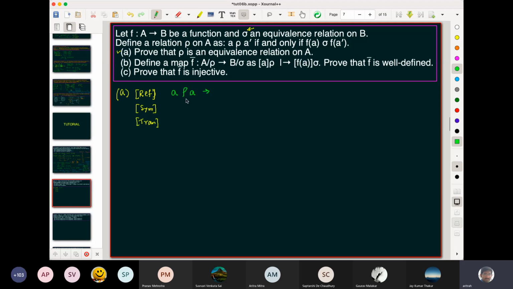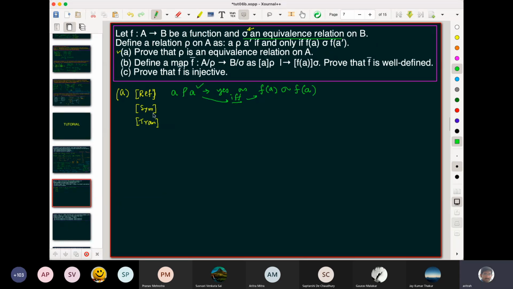Is this true? A rho A? Can A be related to A itself? Yes, sir. Yes, because Fa is related to Fa itself due to sigma being an equivalence relation, given. Right? This if and only if Fa sigma Fa.